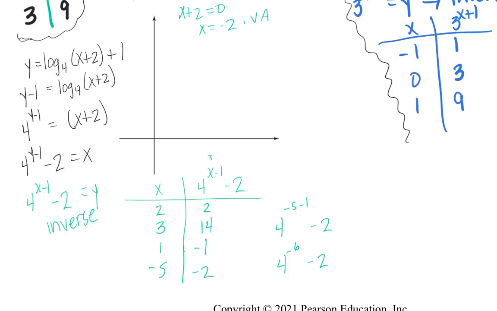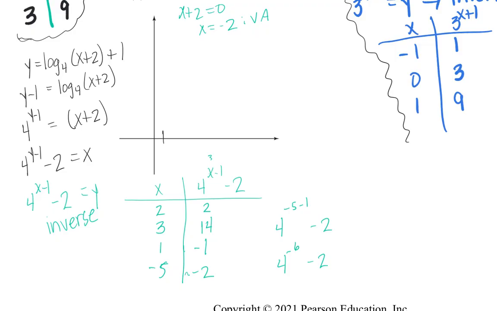So as negative 5, when I put it in the calculator, I get negative 0.199975. So as I'm approaching this negative 2, I'm going to put about negative 2.